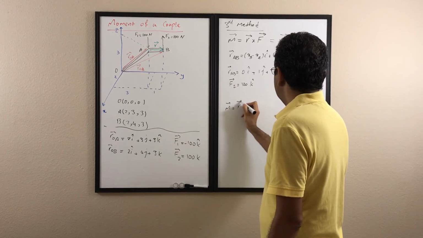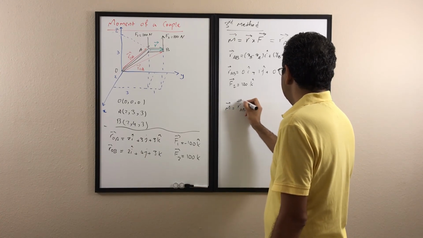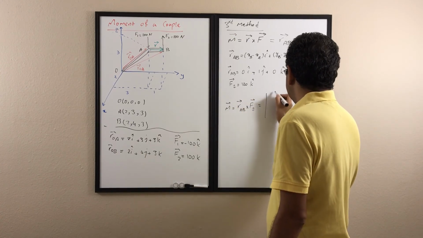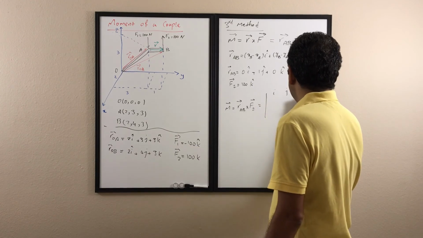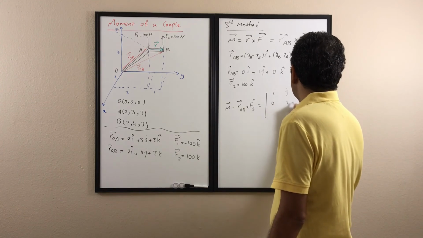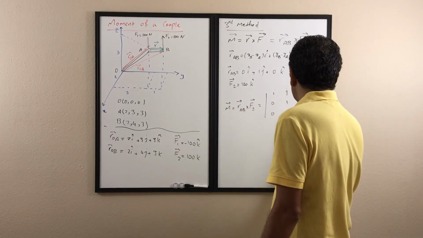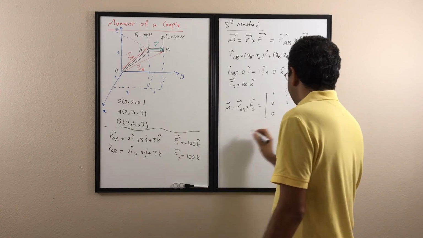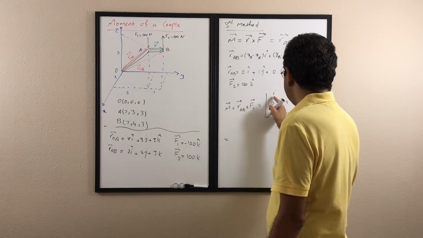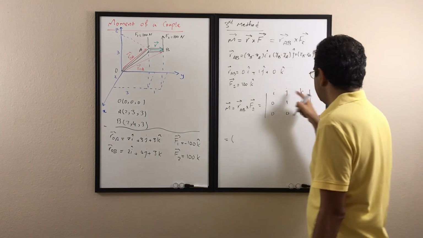And then if we calculate that, M is RAB times F2. It's going to be, again, I, J, K. Then the components of the R, which are 0, 1, 0. And then the components of the F are 0, 0, 100. If I calculate these determinants, it's going to be I. For the first one, I remove the first row and first column.